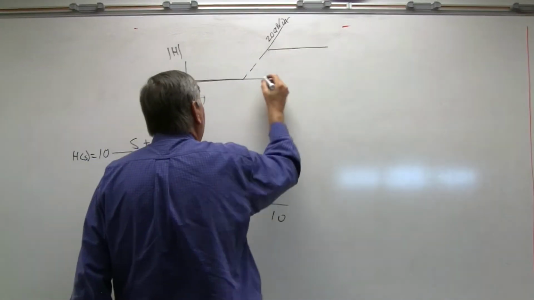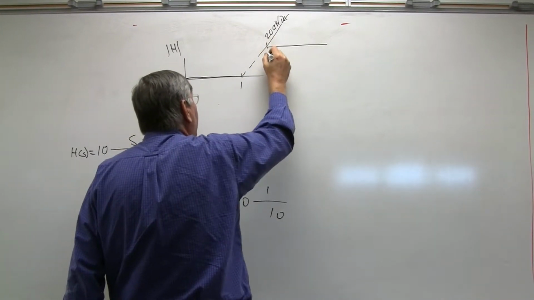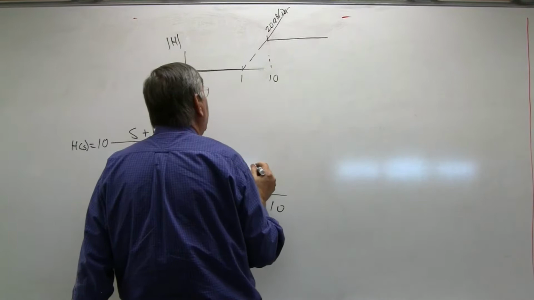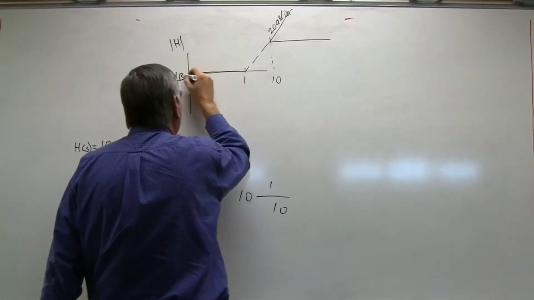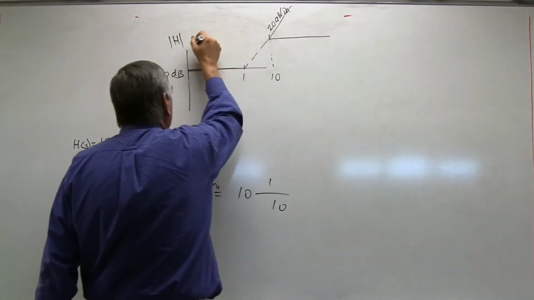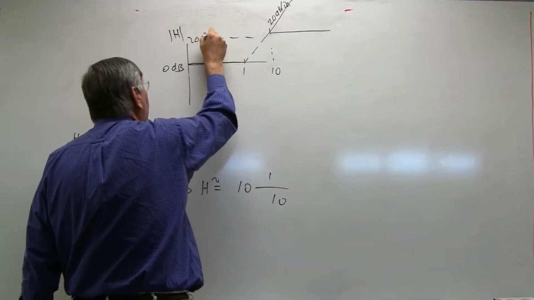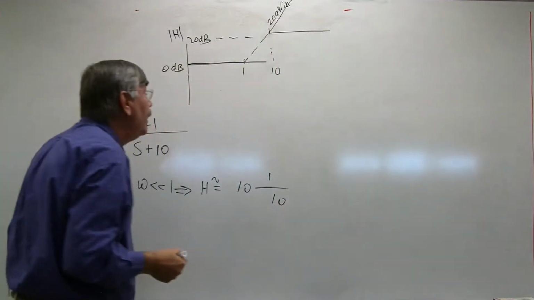Okay? And so this is going to be at 1 radian per second, or kiloradian per second, as the case may be, and this is going to be at 10. So if it started at 0 dB and went up by a factor of 10 proportional to frequency, this thing is going to be at 20 dB. And then it's flat again.